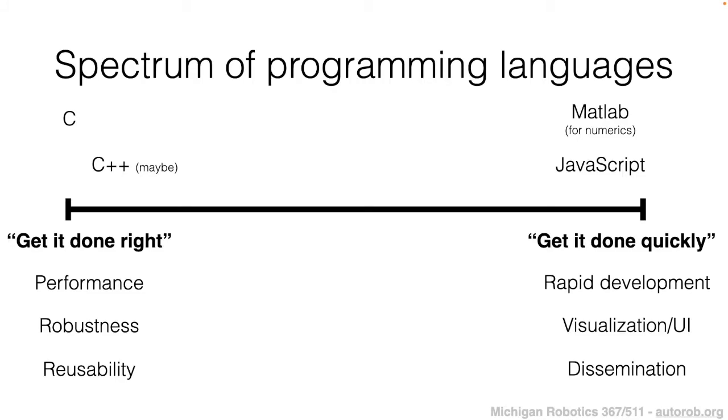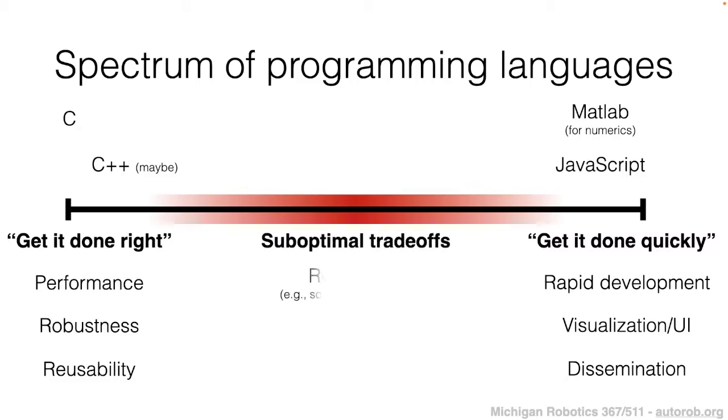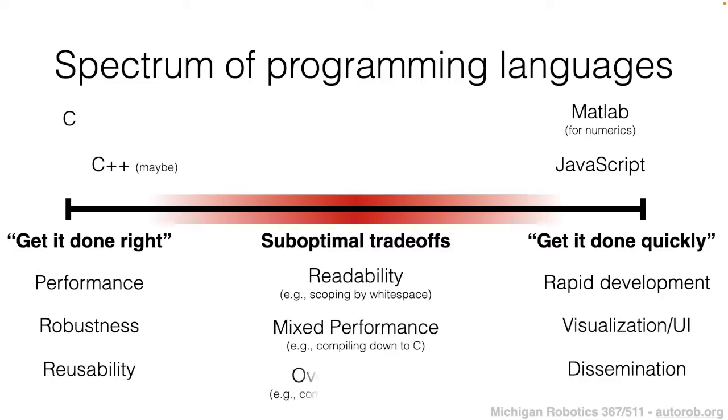So then you might also be familiar with some other languages. There is a set of languages that are in between these two extremes, for example Python and Julia. These make trade-offs between having control over all the performance aspects versus more rapid development.